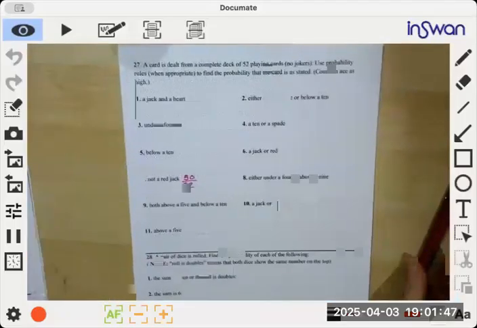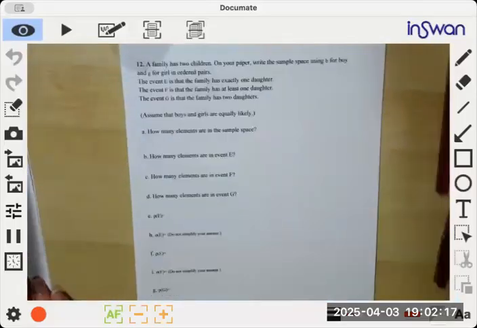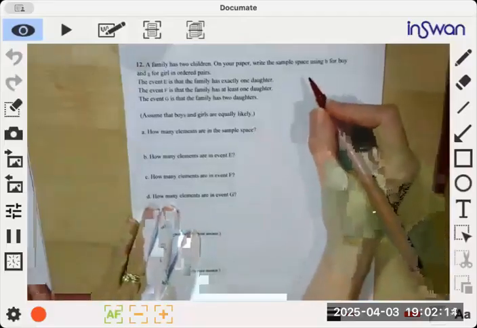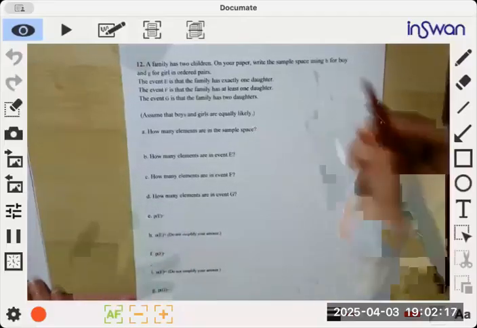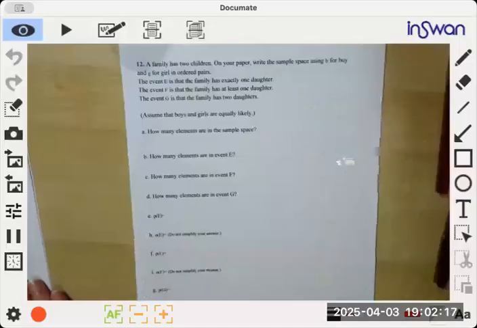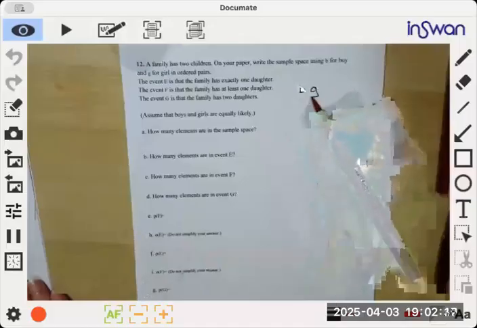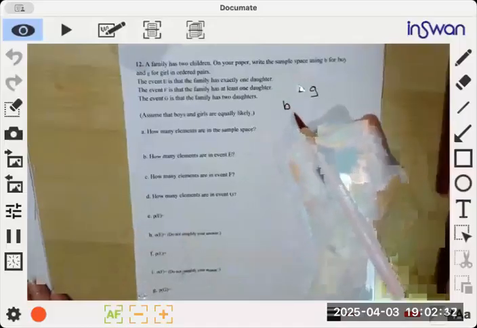It's one of those really long ones, huh? Yeah. All right, so a family has 2 children. So let's see, they can have a boy or a girl. I'm just going to make kind of like a Punnett square.